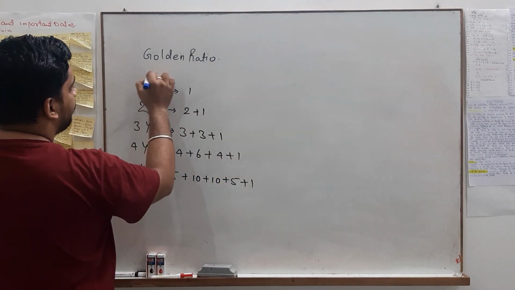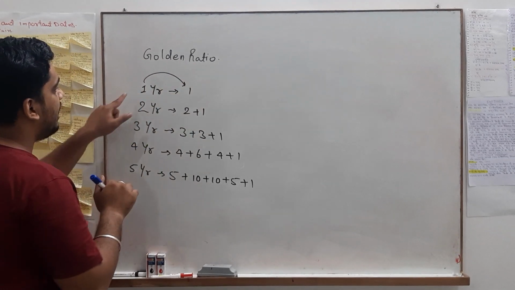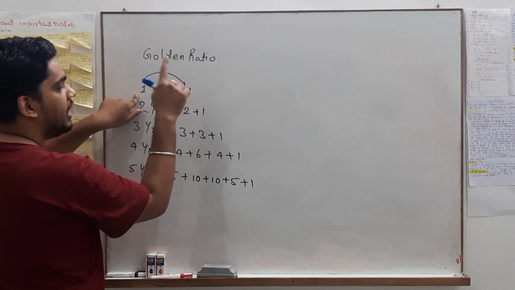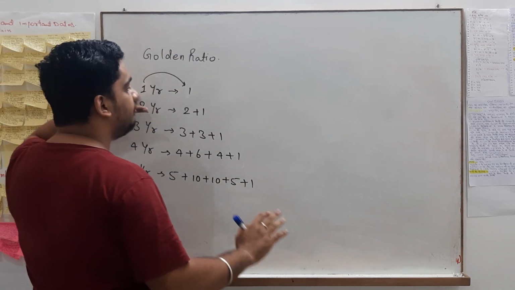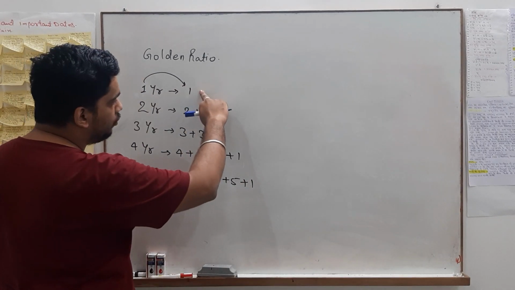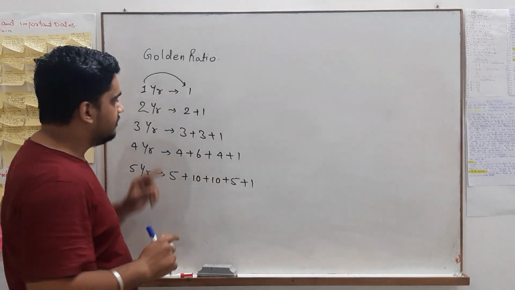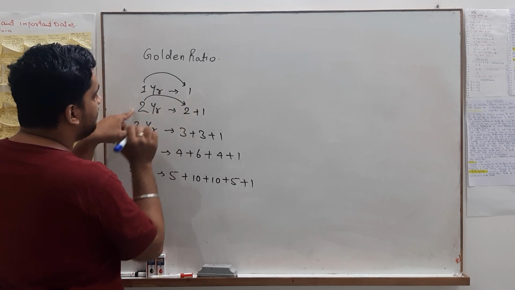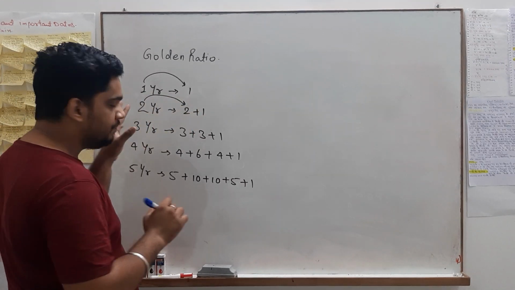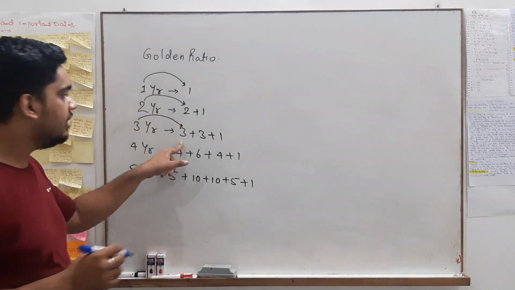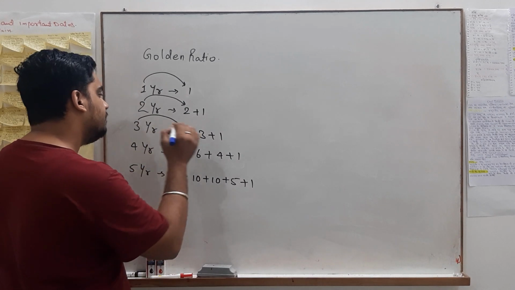Now, the first number will be same as the year, and in each and every formula, we have to add 1 in the last. So for 2, the first number will be the same as the year, plus 1 in the last. In 3, the first number will be the same as the year and plus 1 in the last.